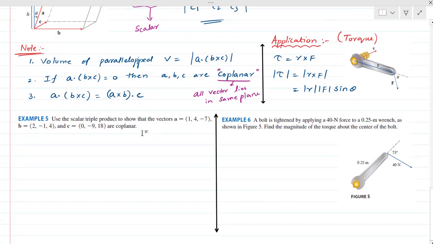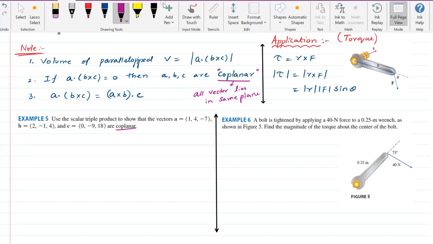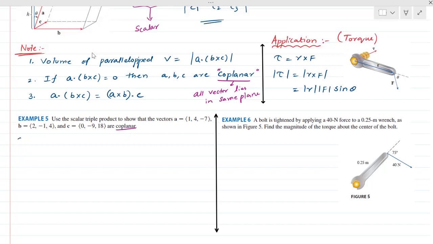Now use the scalar triple product to show that the vectors A, B, C are coplanar. If you solve this problem, you can answer both: how to evaluate the scalar triple product, and also what coplanar means.